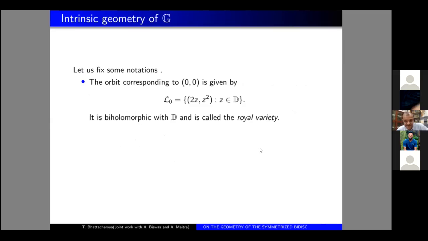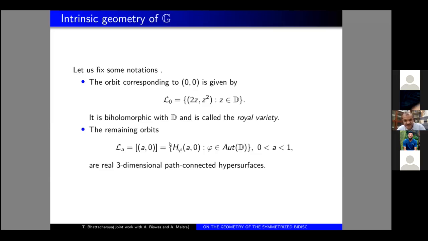That was very nice. Now, although the Royal variety has been denoted by R before in the literature, we needed to be consistent. So we called L suffix A the fiber over the point (A, 0). Then the Royal variety is L0. Okay, so these are the definitions.